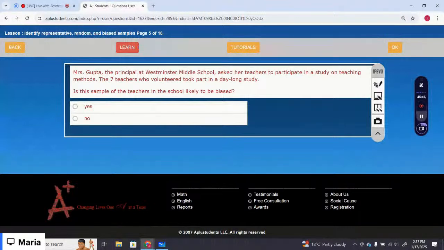Mrs. Gupta, the principal at Westminster Middle School, asked her teachers to participate in a study on teaching methods. The seven teachers who volunteered took part in a day long study. Is this sample of the teachers in the school likely to be biased?